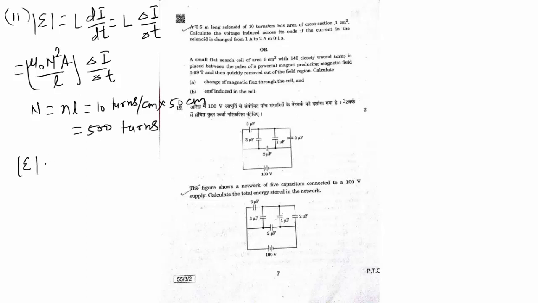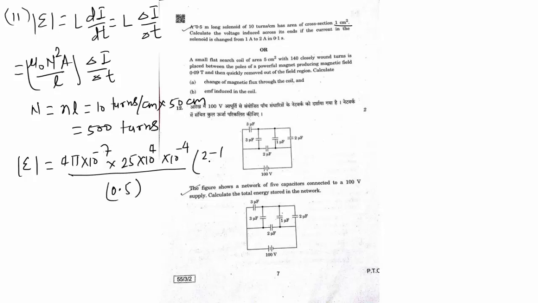Therefore, putting the values, we get the induced voltage as mu naught is equal to 4 pi into 10 to the power minus 7. N square, that is 25 into 10 to the power 4. A is 1 centimeter square, that is 10 to the power minus 4 meter square. L, that is 0.5 meter. Delta I by delta t, 2 minus 1 upon 0.1.